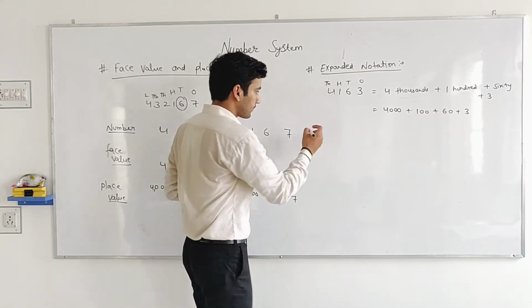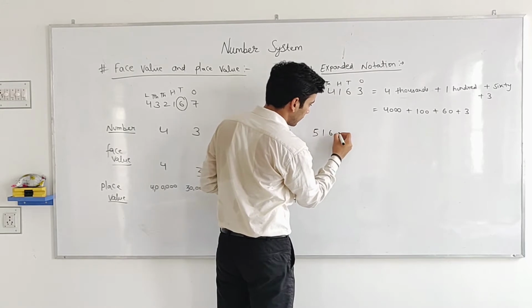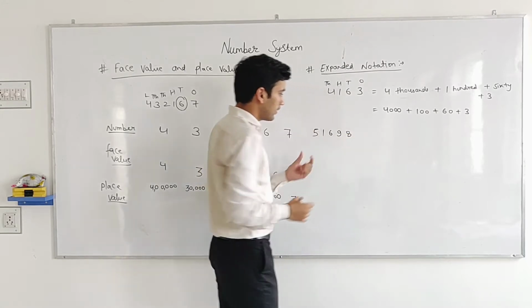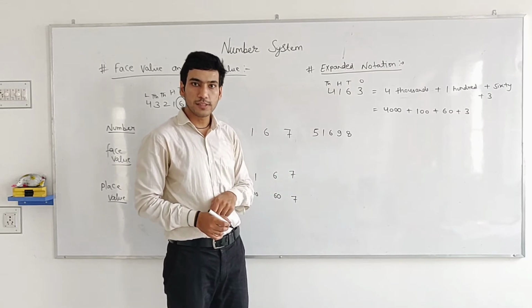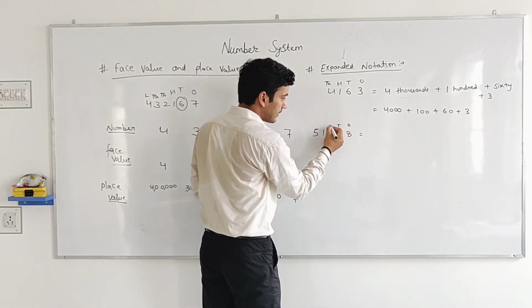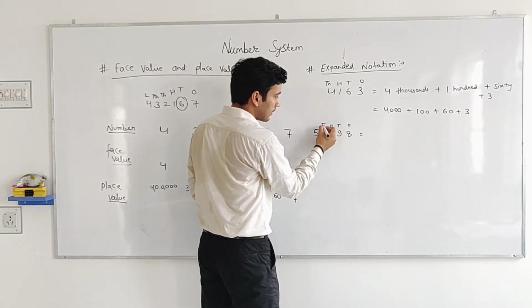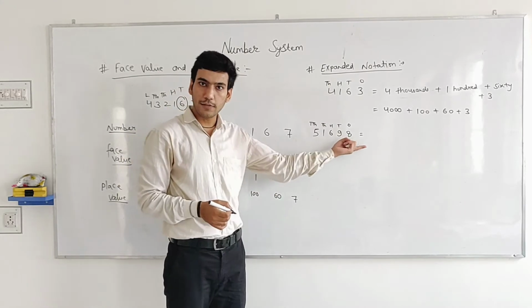Another example. Now this is your 5-digit number. What is the expanded form of this number? This is your ones place, tens place, 100's place, 1000's place and 10,000's place.